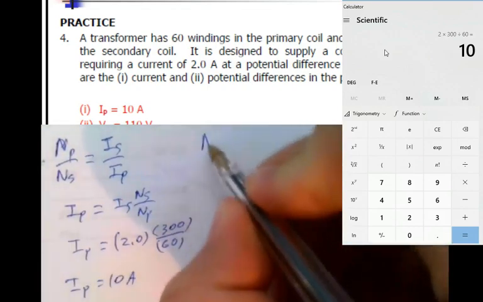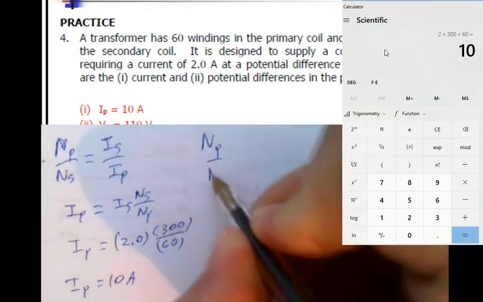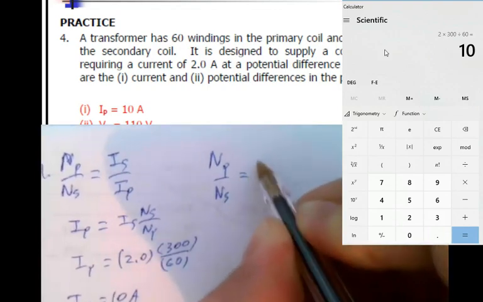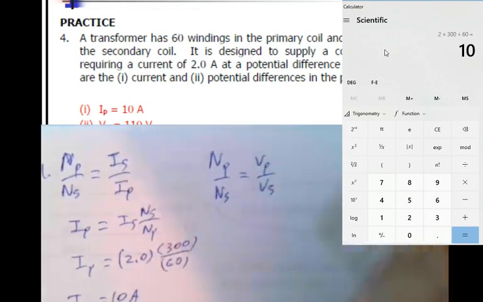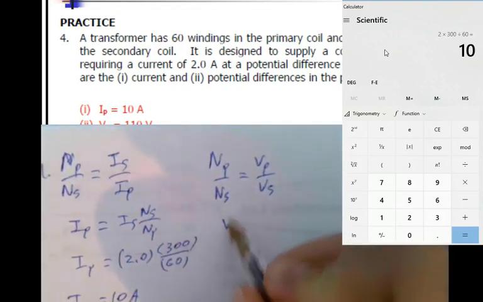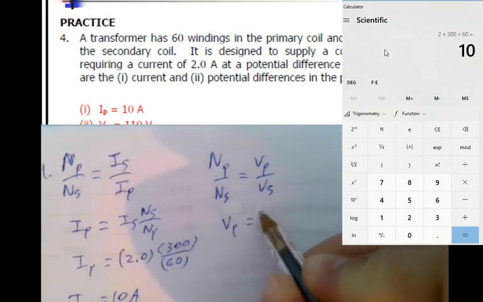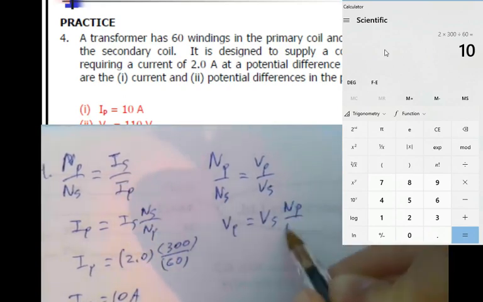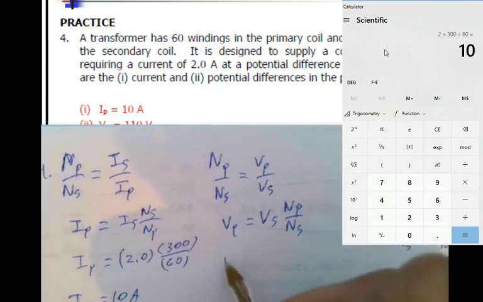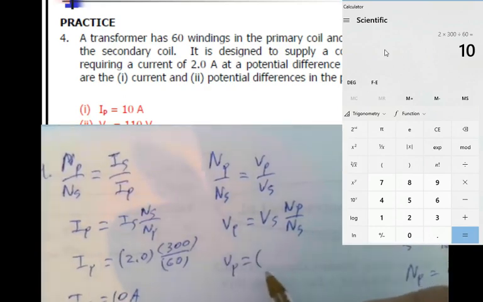Same thing, but now we're using voltage, which means we have a Vp over a Vs. We have to solve for the Vp, which is Vs Np over Ns. So Vs is 550. I have to move the calculator because I can't see the question.